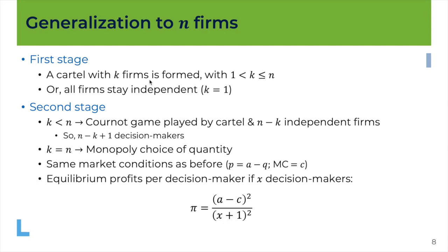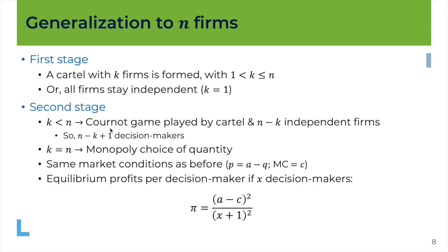So that's what happens at the end of the first stage. This is the same game as before. Firms say yes or no, and the number of yeses is K. That's the size of the cartel. Now, what happens at the second stage? Either some firms remain independent, so K is strictly lower than n.